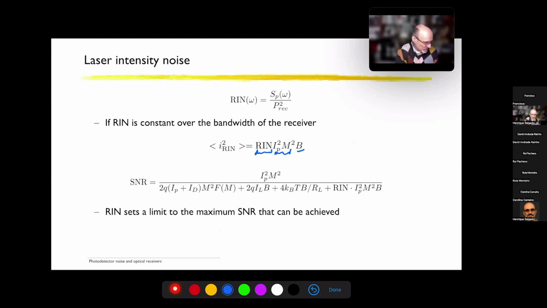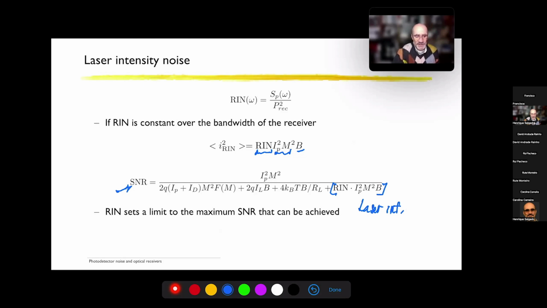And so if we include laser intensity noise in the equation, then the signal-to-noise ratio is slightly modified, and we have to include another term which corresponds to the laser intensity noise.